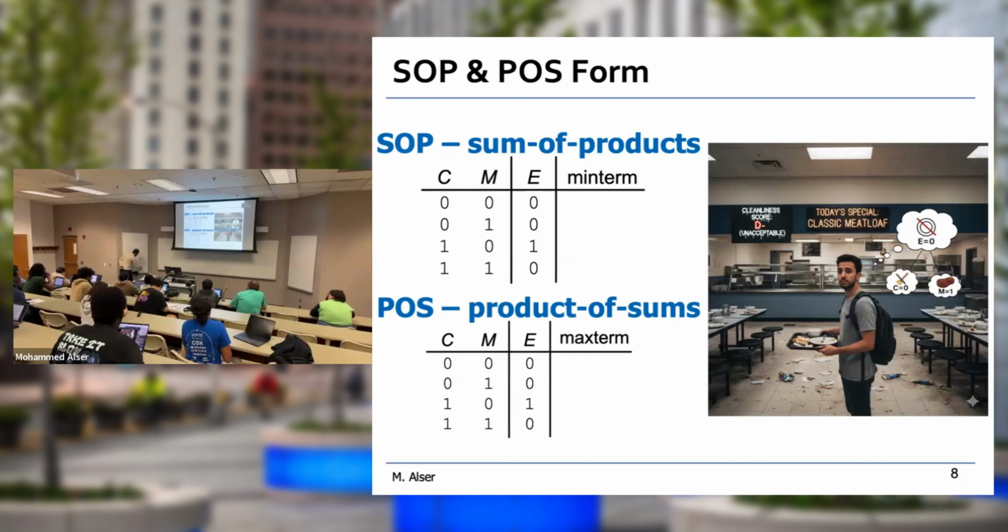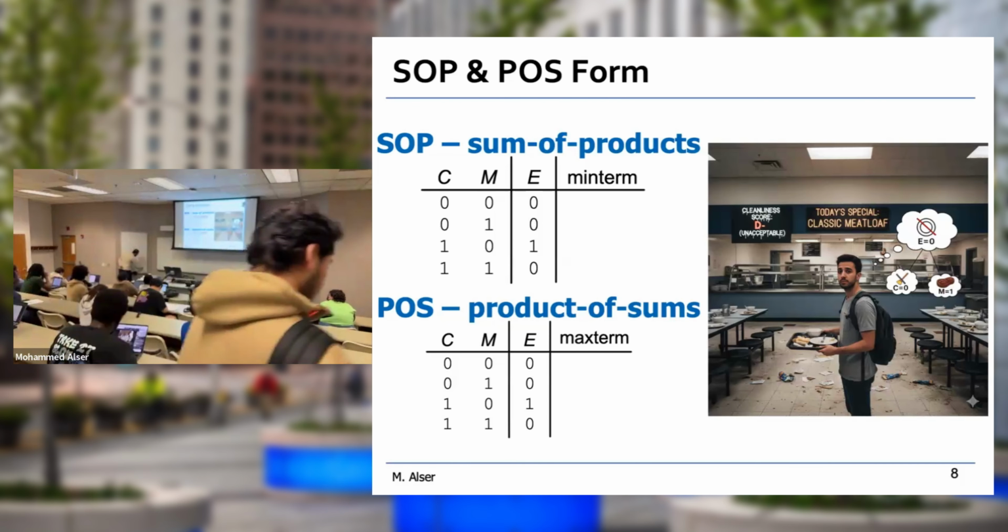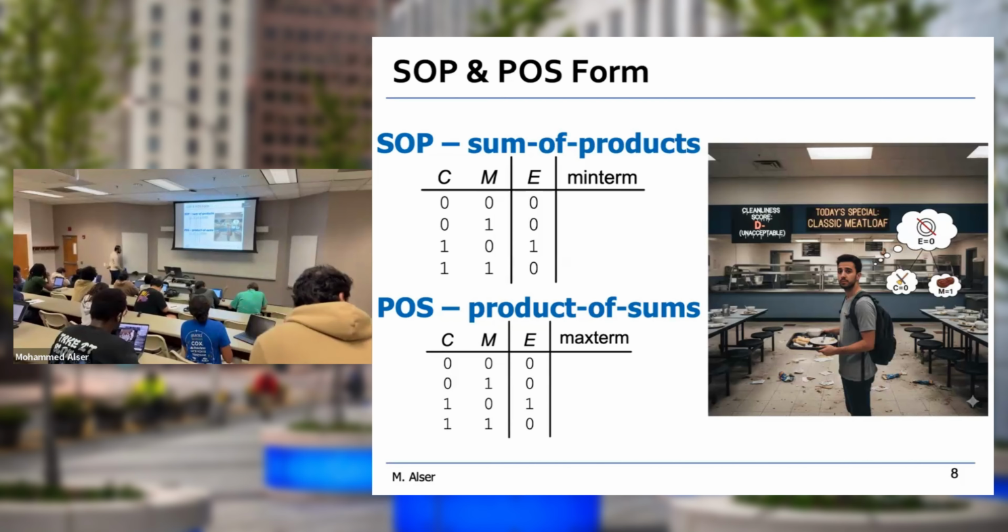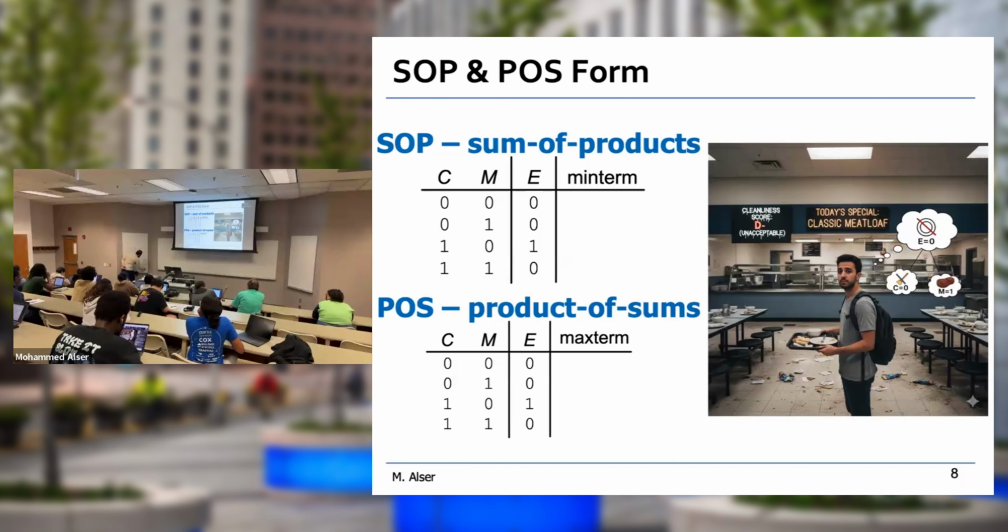We have C plus M. Remember, we are doing product of sum, so we will take the sums and then multiply them with each other. So the second one would be this guy: C plus M bar. There's a product. And then the last term, whenever there's a 0, we'll take this one.